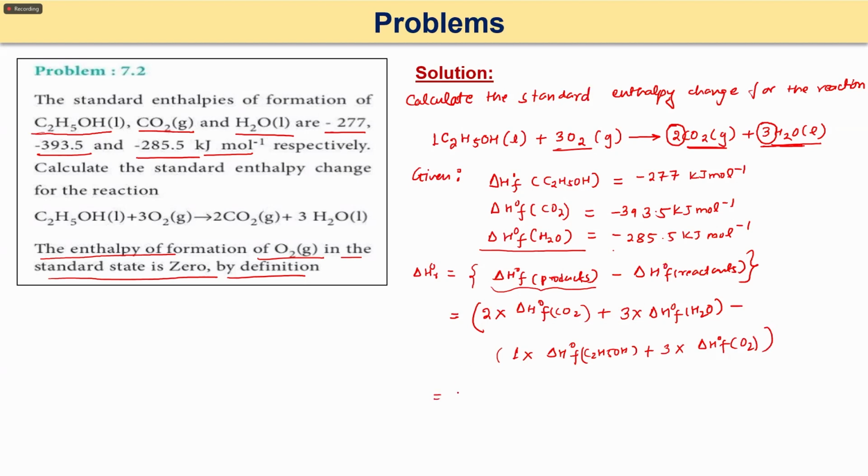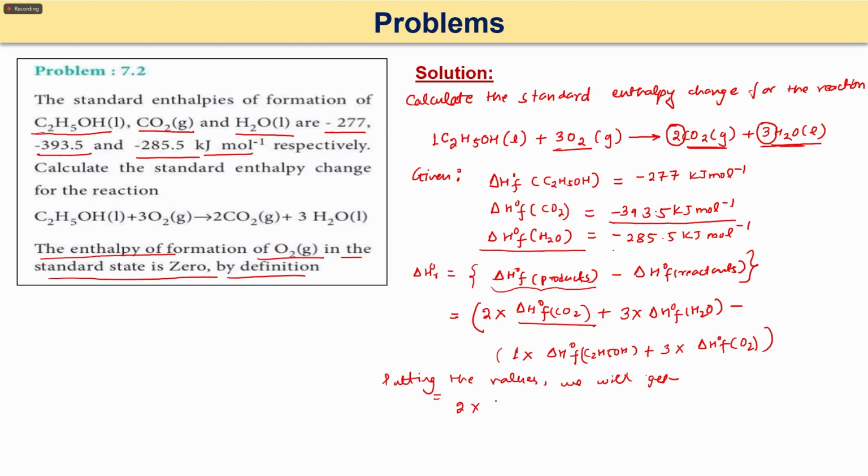Now let us put the values. Putting the values, we will get 2 multiplied with delta H naught F of CO2. So what is it?